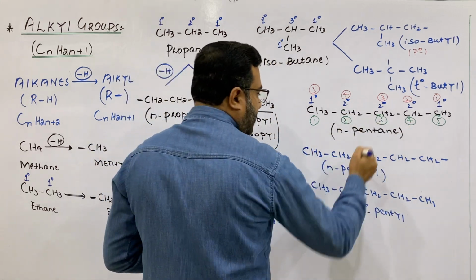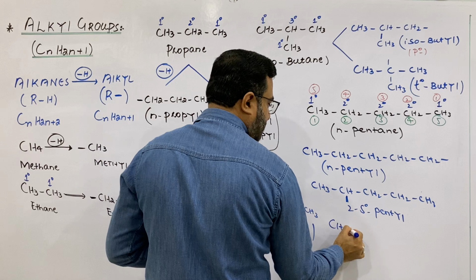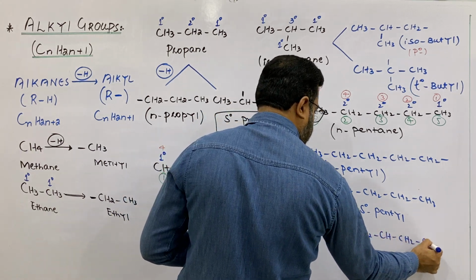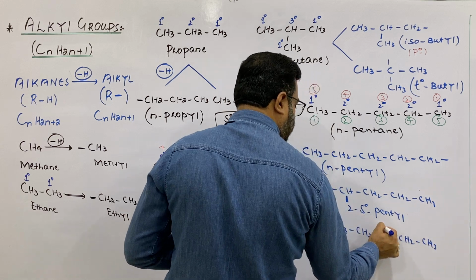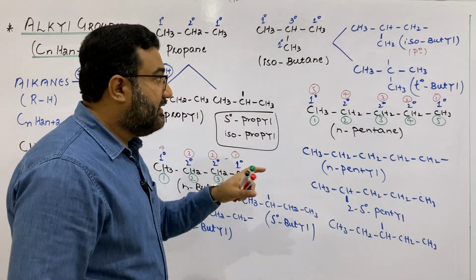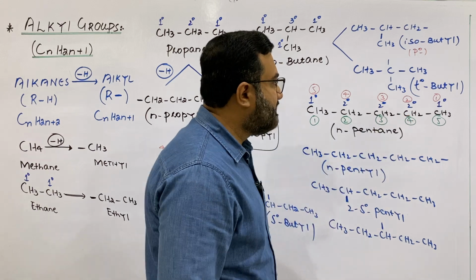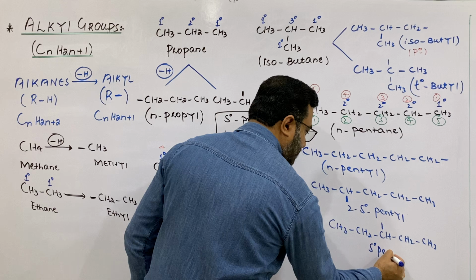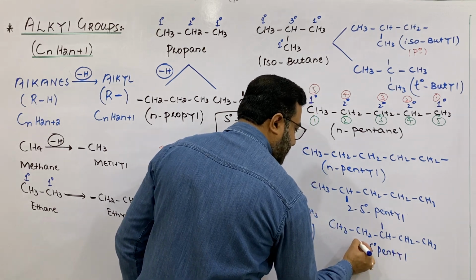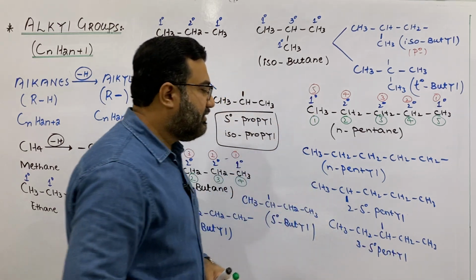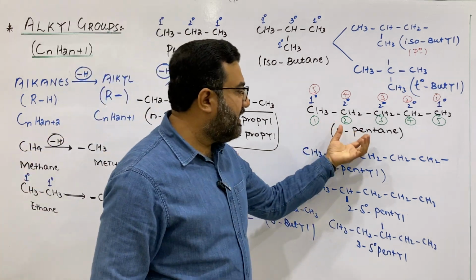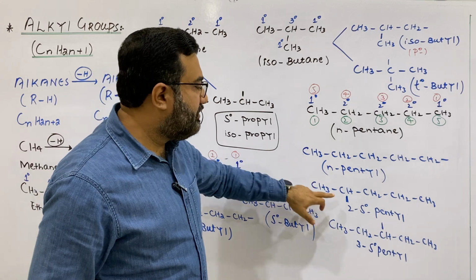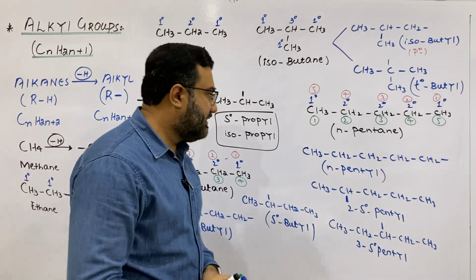In case of CH3, CH2, CH, CH2, and CH3, if you remove hydrogen from this carbon, which is different from the other two secondary carbons with respect to numbering, that will also be a secondary pentyl. But that will be called the 3-secondary pentyl. So normal pentane will give you 3 types of pentyl: n-pentyl, 2-secondary pentyl, and 3-secondary pentyl.